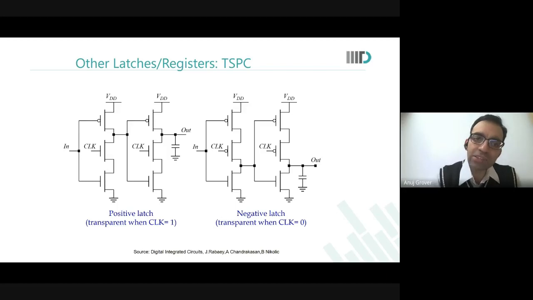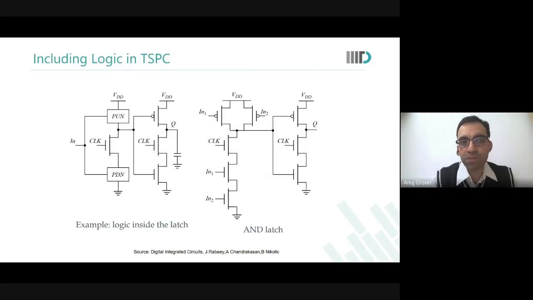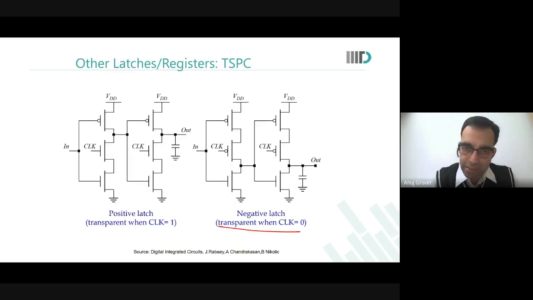In this latch, this is transparent when CLK is 1, and this latch, the other one, is transparent when CLK is 0. So these are TSPC latches, and similarly you have TSPC flops. Are you able to see that this is a single phase clock and you still have the latch functionality over here?